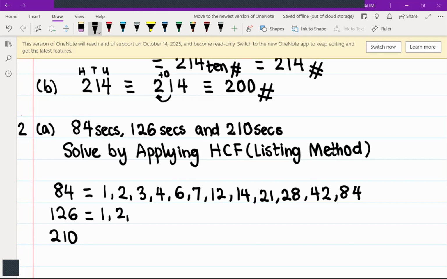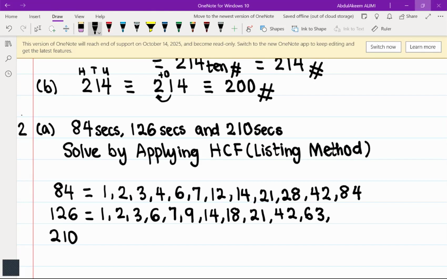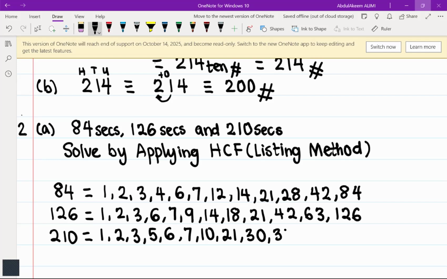I have 1, 2, 3, 6, 7, 9, 14, 18, 21, 42, 63, 126. For 210, what do I have? I have 1, 2, 3, 5, 6, 7, 10, 21, 30, 35, 42, 70, 105, and 210.